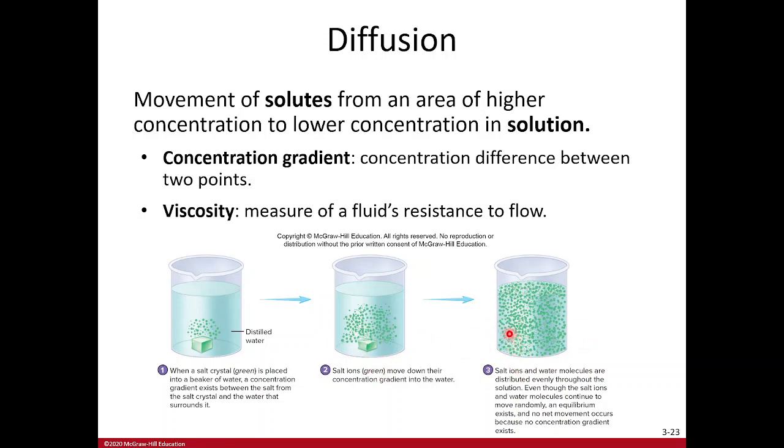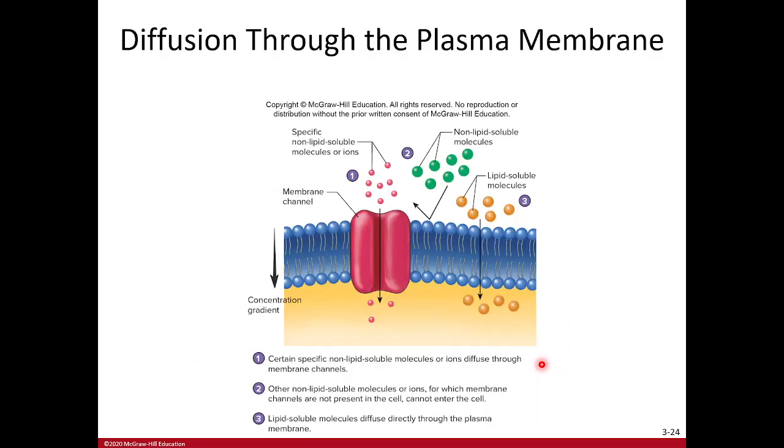And this is the movement of molecules, from higher concentration at the bottom to lower concentration at the top, until you reach equilibrium. And you can see the whole beaker filled with water with green color.